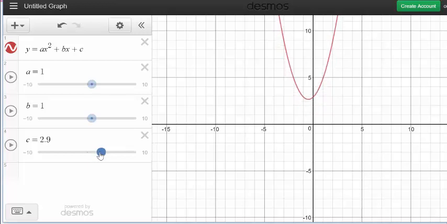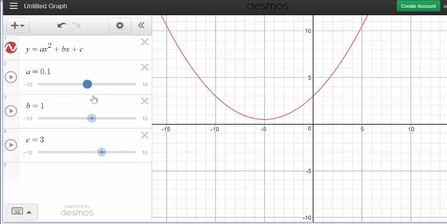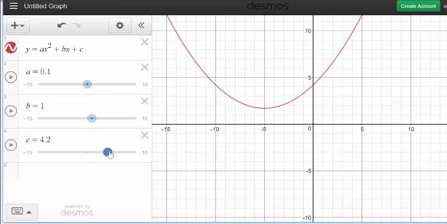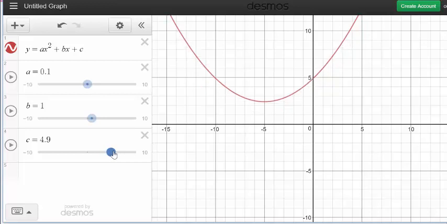C equals 3. Let me change this a little bit so you can see it more clearly. C equals 4. C equals 5. You see it? Where is it? It's up. It's at 5. It's right there.